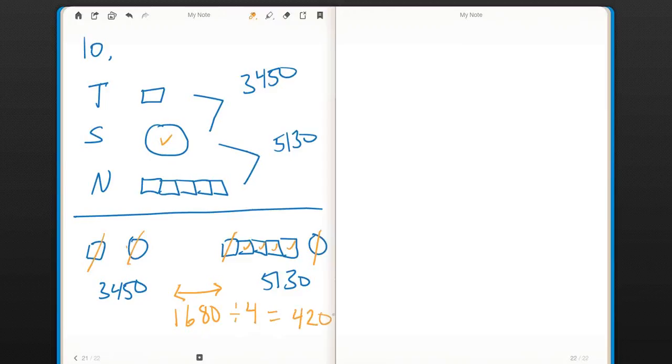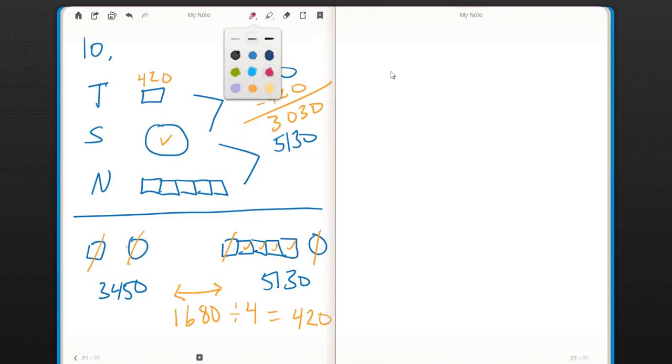Each of those boxes is going to be 420. So the question is, how many coins does Shelley have? Well, the easiest way to do it from there, if this is 420 and Shelley has the rest, I'm just going to subtract 420 and find out that Shelley has 3,030 coins.